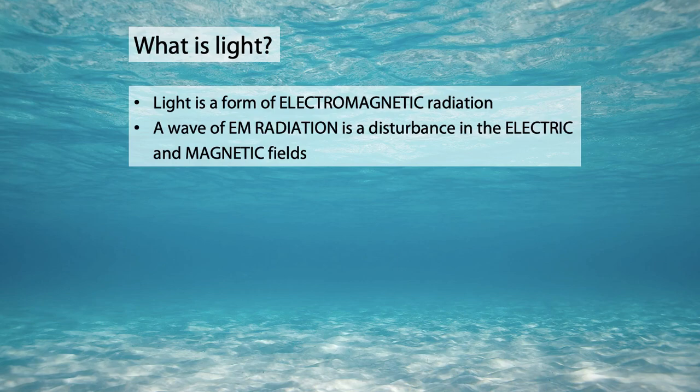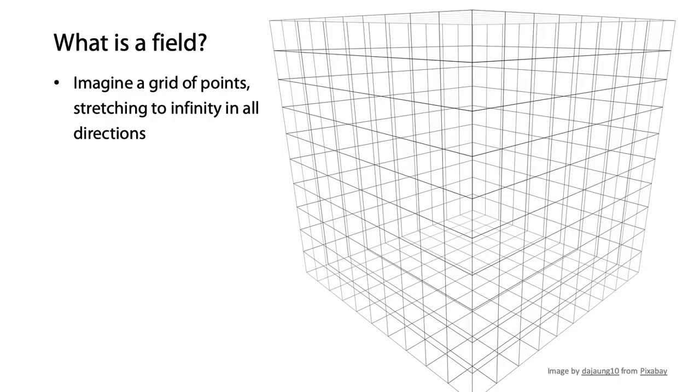Well, the reason I've chosen as an image here the bottom of an underwater pool is because you can think of these fields as something that surrounds us, that occupies all the volume of the universe. In fact, one way of thinking of it, a more mathematical approach, is to imagine, if you can, a grid, a network of points stretching off to infinity in all directions.